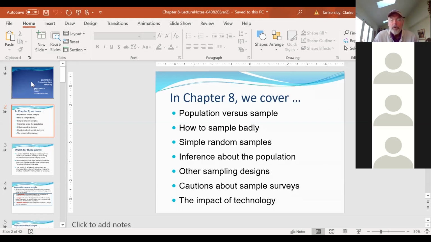getting an appropriate sample. We're going to be thinking about simple random samples. We want to bring in inferences about the sample to the population. And we'll touch on different sampling designs and a little bit of the impact of technology.